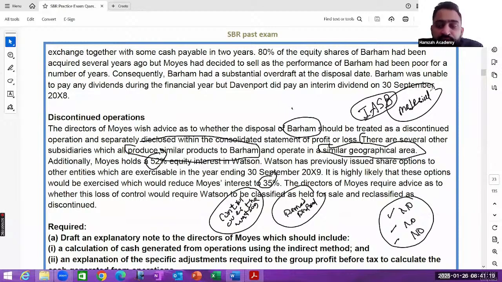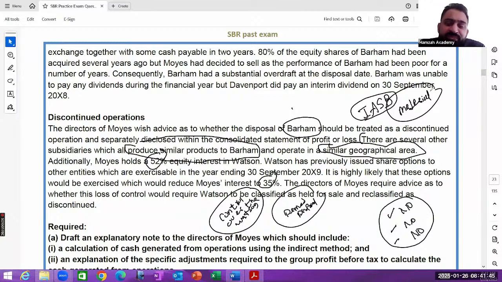You have no control over the subsidiary, and it's a significant change, and it should be communicated to the shareholders. And in that order, we can treat it as held for sale. So we can communicate to the shareholders that we have no control over that Watson company.